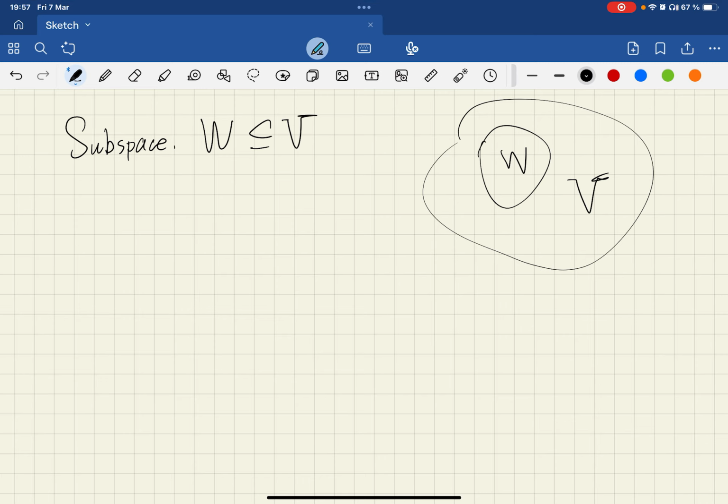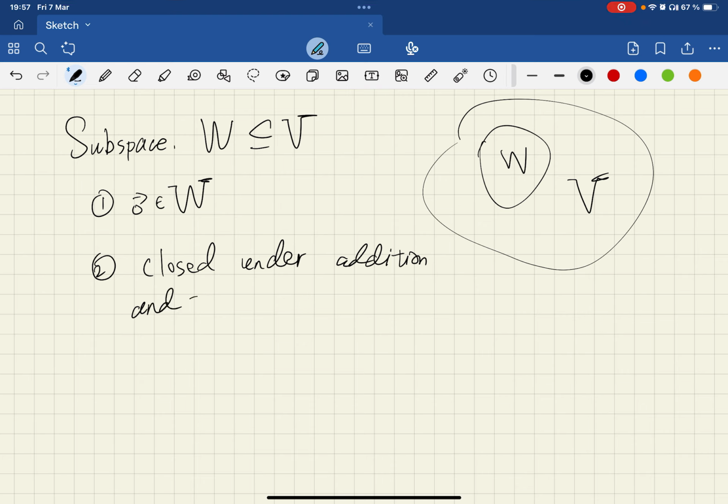So it must follow V's rules, right? The first thing we want is to show that the delta vector lives in W as well, and the second is closed under addition and scalar multiplication.